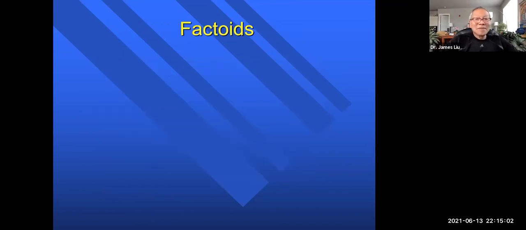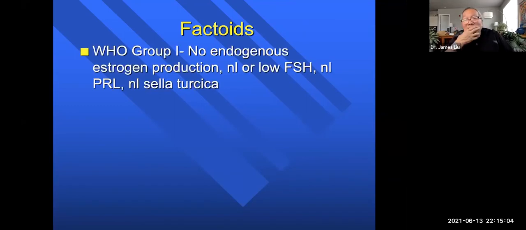So what are some other factoids that we deal with? Because this is an international audience, there is a WHO grouping, group 1 being no endogenous estrogen production. These are individuals that, when you do the assessment of FSH, have either normal or low FSH.